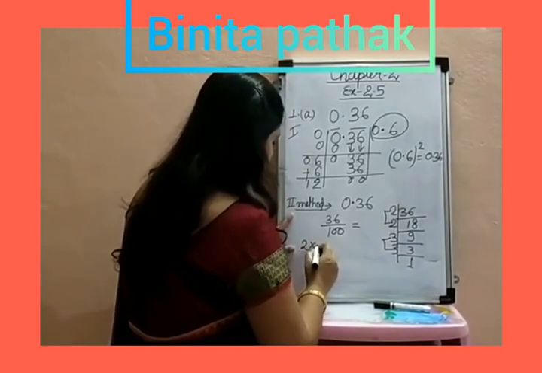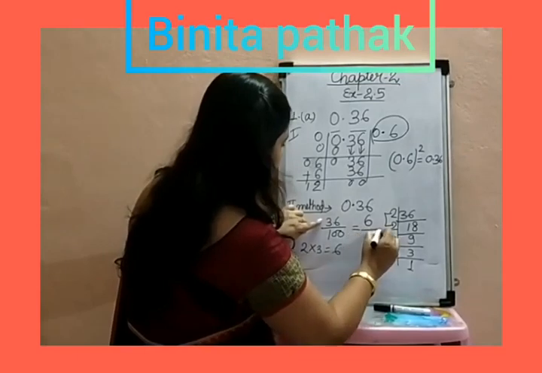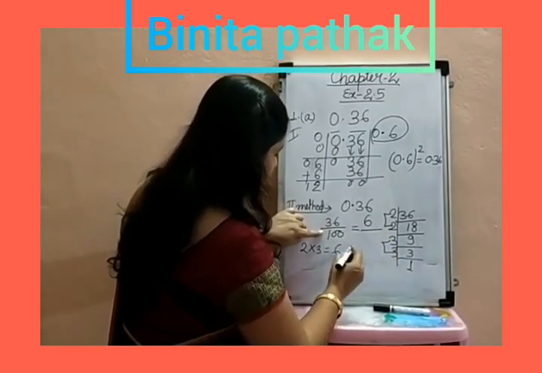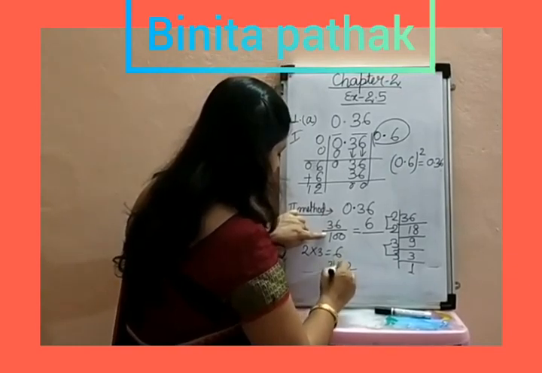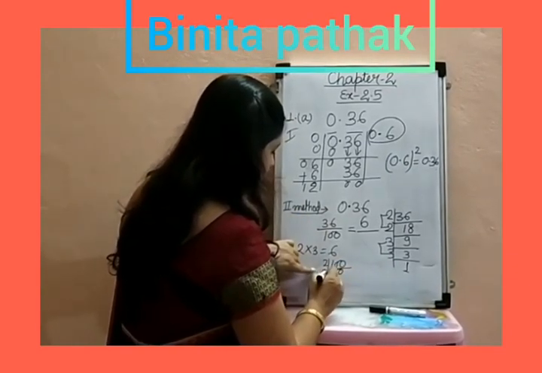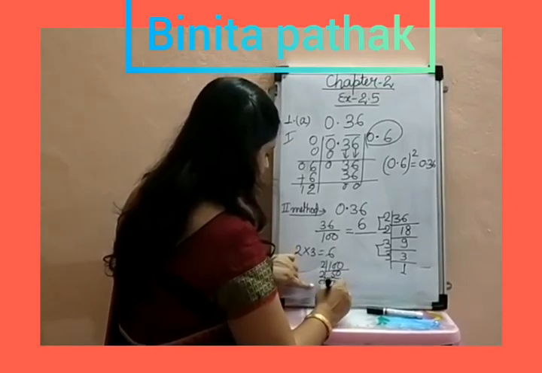So 2 into 3 is equal to 6. It means 6 here, and for 100 prime factorization, 2, 50, 2, 25, 5, 5.